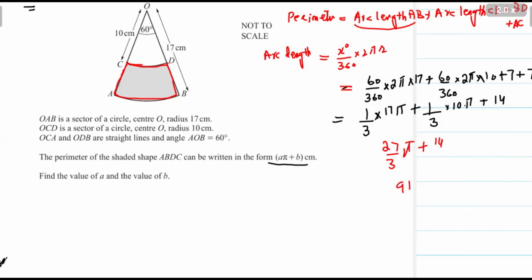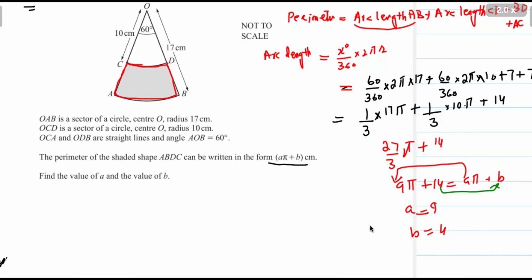And this is 9 pi plus 14. And when we compare this with A pi plus B, therefore A will be equal to 9 and B will be equal to 14. This is the value of A and B.